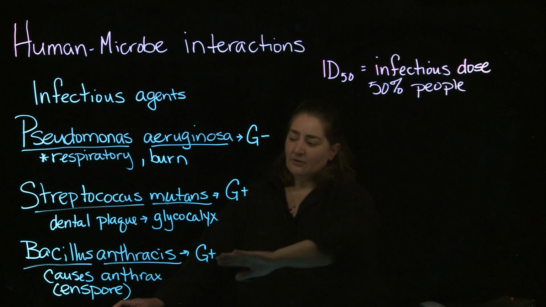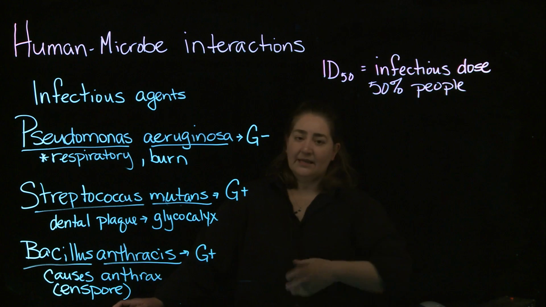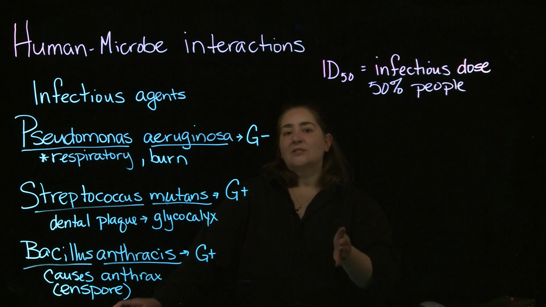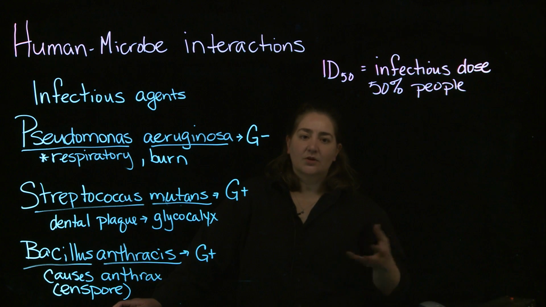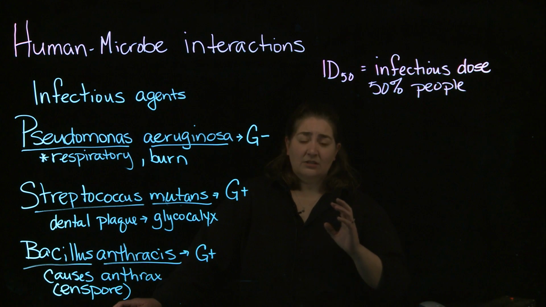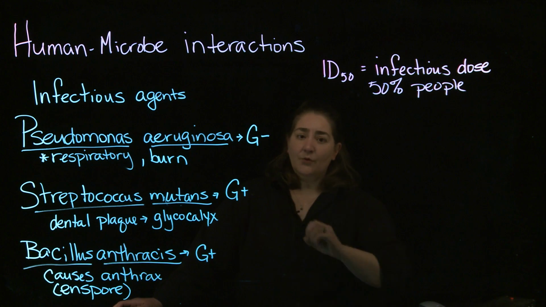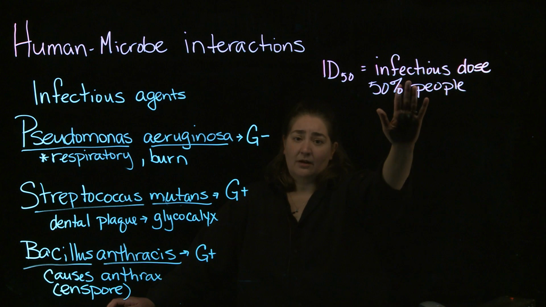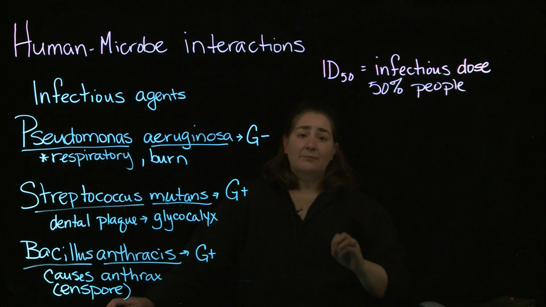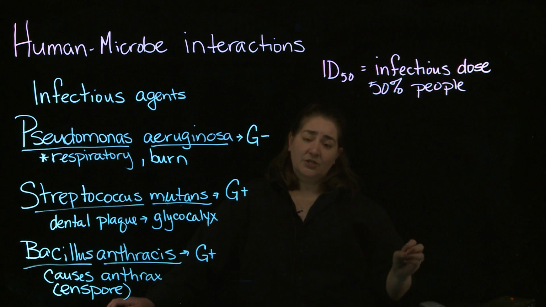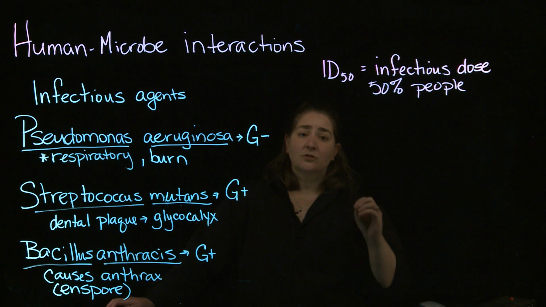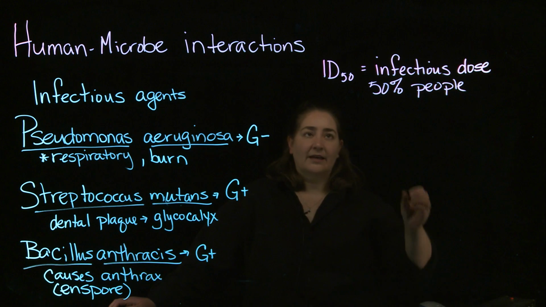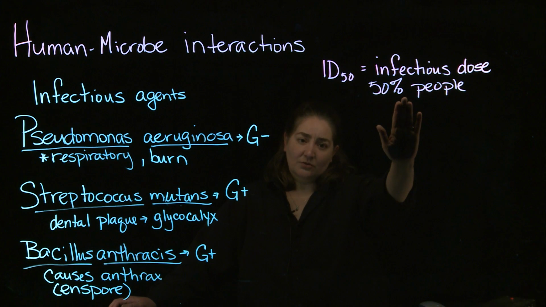But in terms of Bacillus anthracis and inhalation going in through the respiratory system, you need 10 to 20,000 spores in order to get infection. So the portal of entry can make a difference as far as the infectious dose as well. In order for a particular bacteria to be pathogenic, you have to have a certain number of bacteria before the person gets sick, and that's that infectious dose.